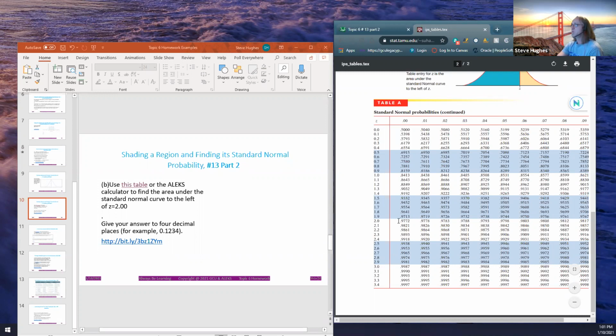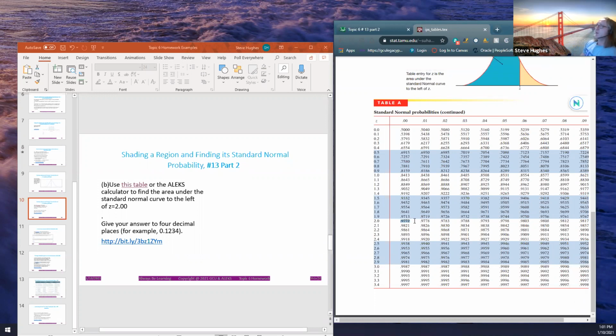In my table, the z-score of 2 is right here. You can see it is 0.9772. You can see the shading up there, that the z-score always gives us the percentile to the left. In other words, this table reads the z-score and gives you the area to the left of that z-score. And you can see it's 0.9772.